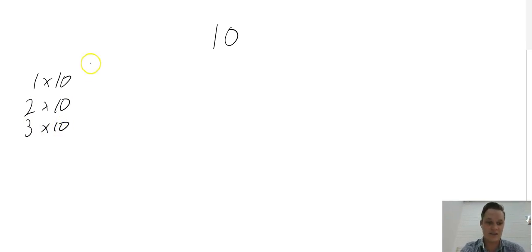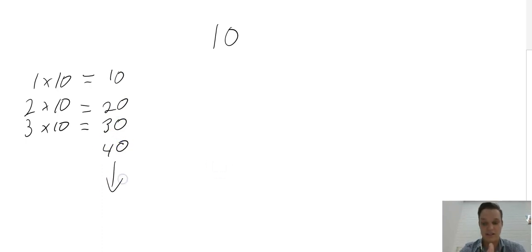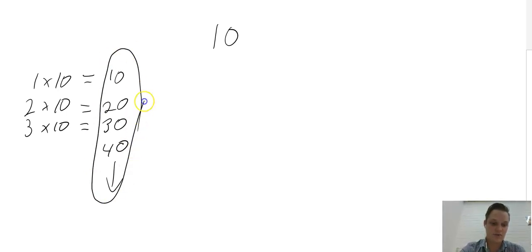If I was going to list all our multiples of 10, it would be 10, 20, 30, 40, and so on, all the way down until we want to stop. So these numbers right here, they're all our multiples. They're the first 4 multiples of 10.